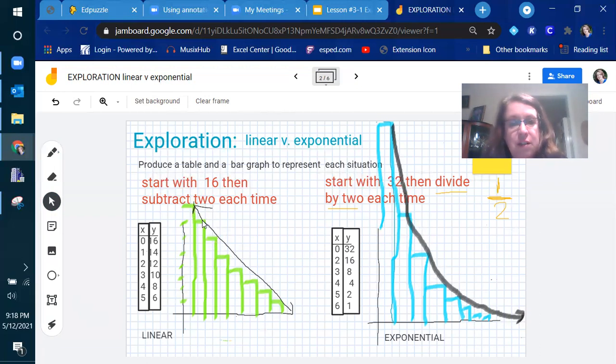It's constantly down 2 over 1, down 2 over 1. And rate of change is the same thing as slope. Here, the first time it's down 16 over 1, then it's down 8 over 1, then 4 over 1, then 2 over 1. The rate of change, or the slope, is changing every time. Between 2 points, it's never the same.